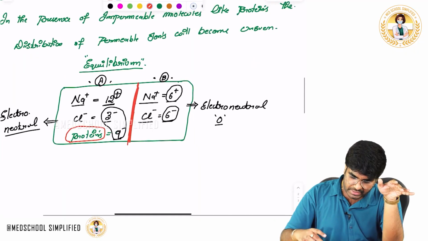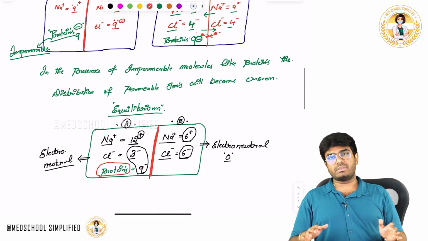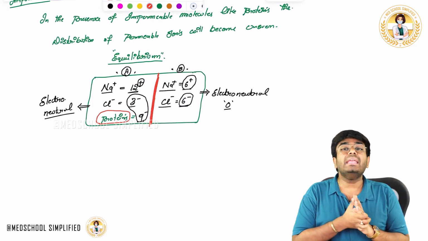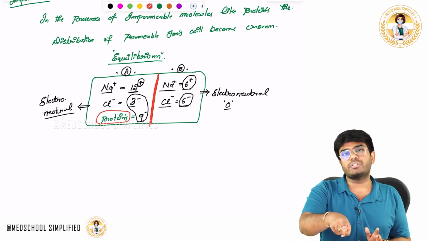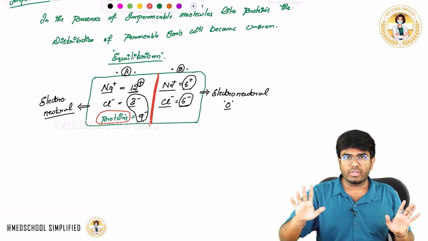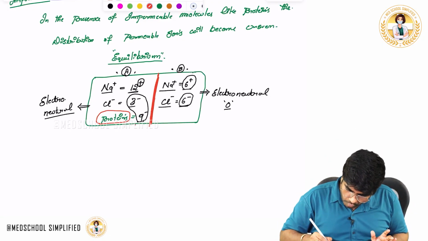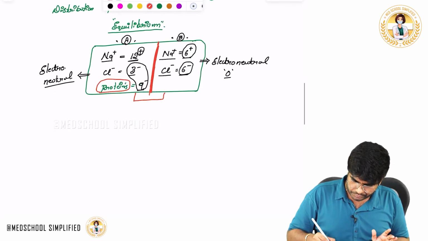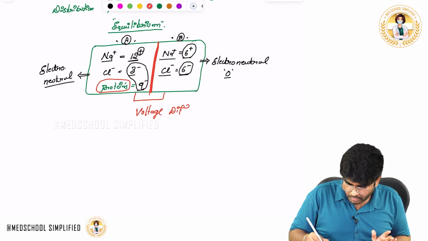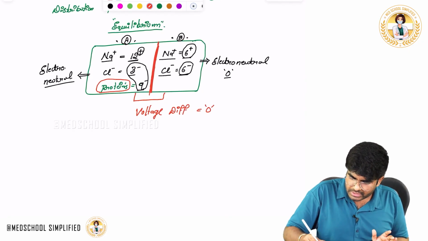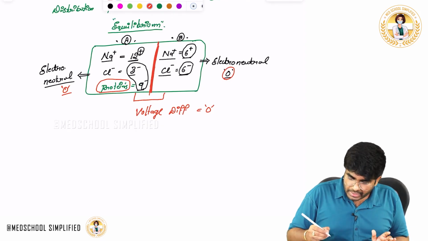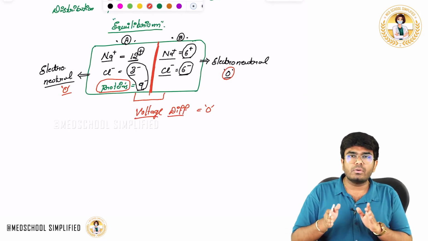But due to the presence of large, impermeable molecules like proteins, the ions are getting unequally distributed. Even though they are unequally distributed, both chambers maintain electroneutrality, 0 and 0, no difference. So what is the voltage difference between these two? The voltage difference is 0, because here it is 0, and here it is 0.